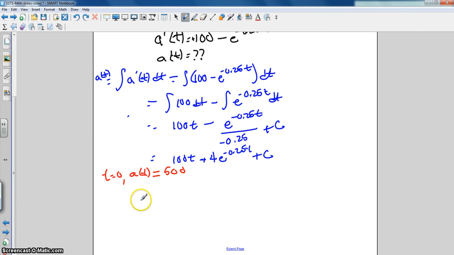So plugging that in, I get 500 is equal to 0 plus 4 times e to the negative 0.25 times 0 plus c, and this ends up being 1, so c is going to end up being 496.